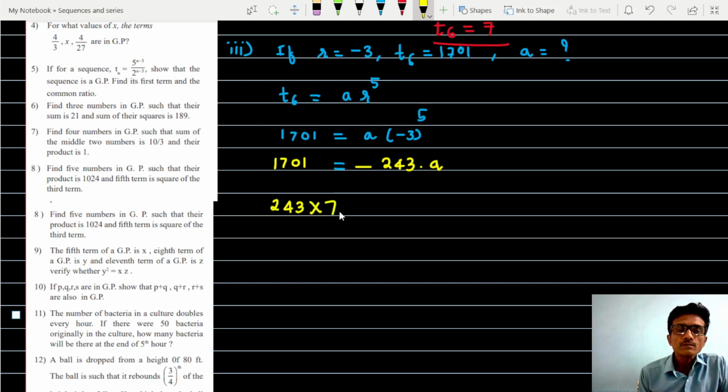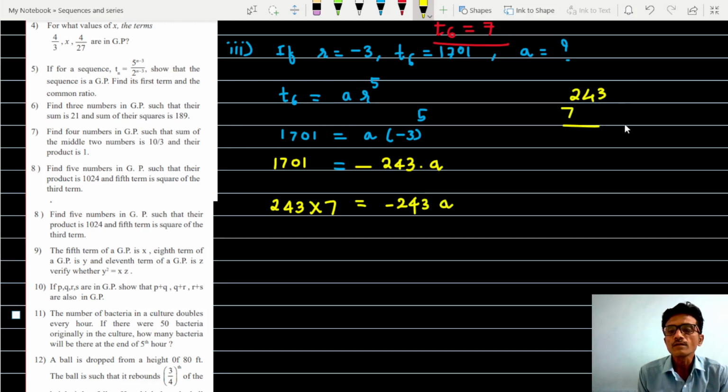ओके, see 243 into 7. That is equal to minus 243 into 8. Let's do this. 243 into 7.